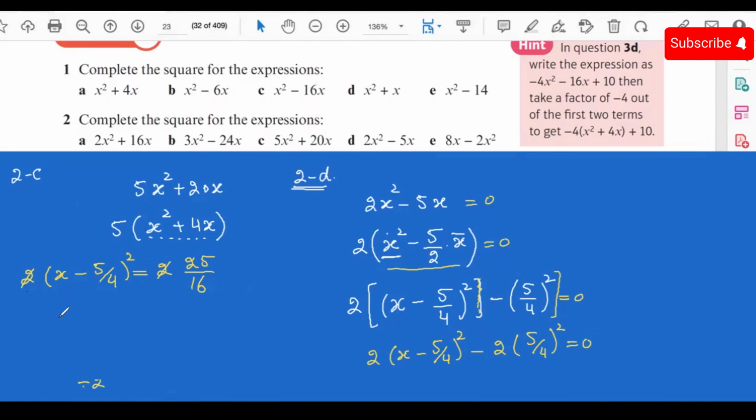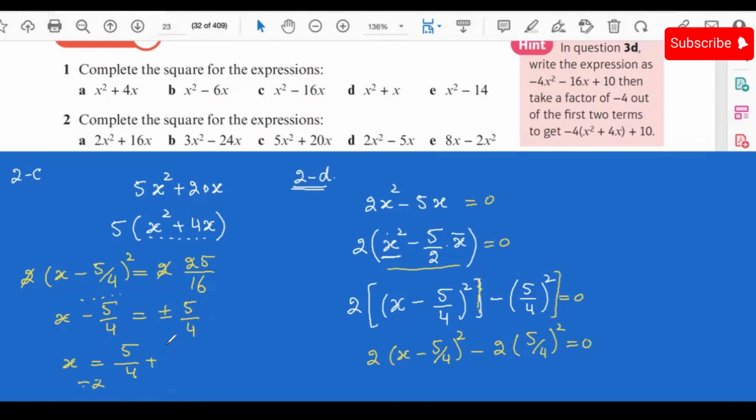We are left with x minus 5 over 4, by taking the square root, equal to plus minus 5 over 4. Now x is equal to positive 5 over 4 plus 5 over 4.